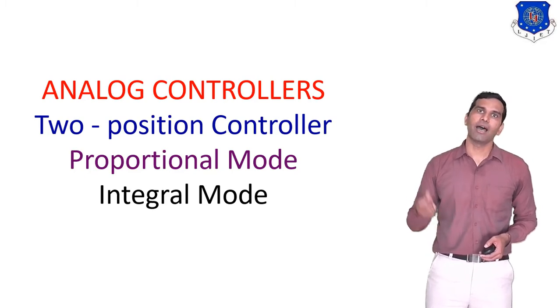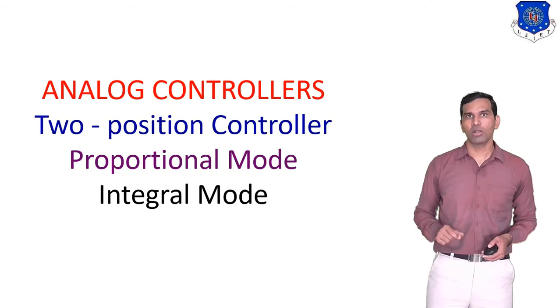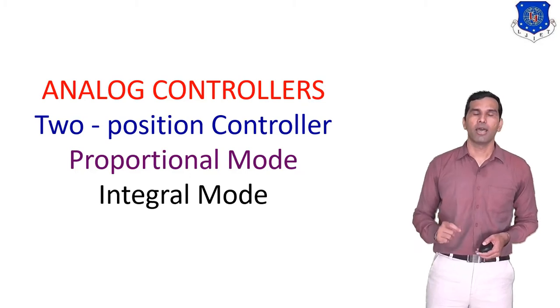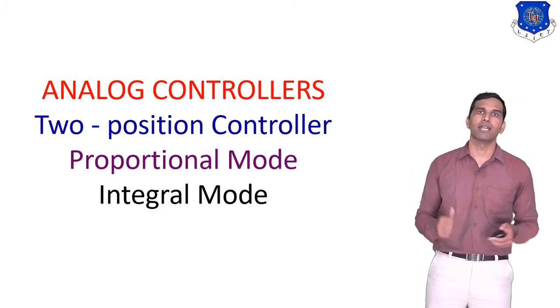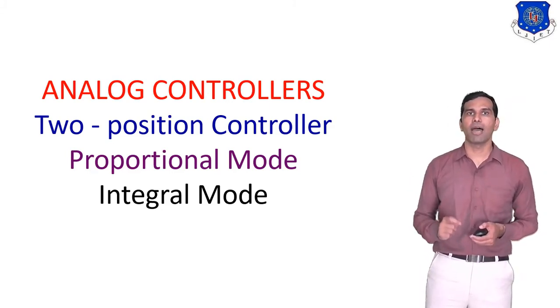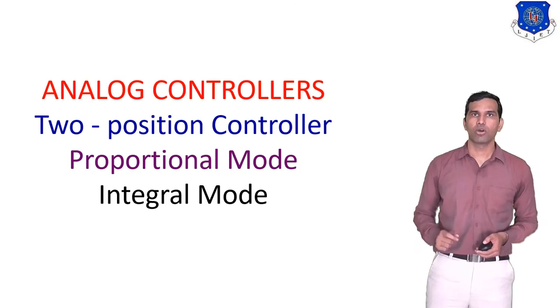In the analog controller we also learn the position controller, proportional controller, integral controller, derivative controller, and we also learn the composite modes, that means the PI, PD and PID, but in the form of an analog controller. So now we start the analog controller.